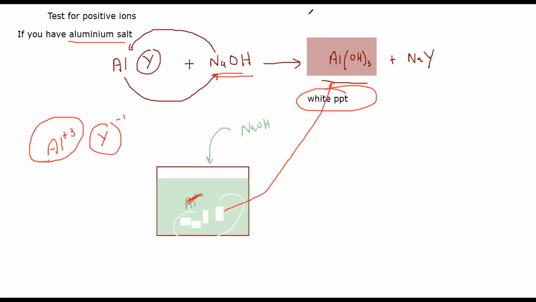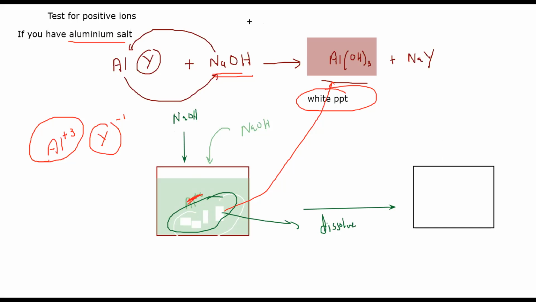But if I add an excess of sodium hydroxide, the term excess means more than enough or too much. So now we continuously add sodium hydroxide. What is the observation for us? We will observe that this white solid will dissolve completely, and it will make a clear solution, or a colorless solution.